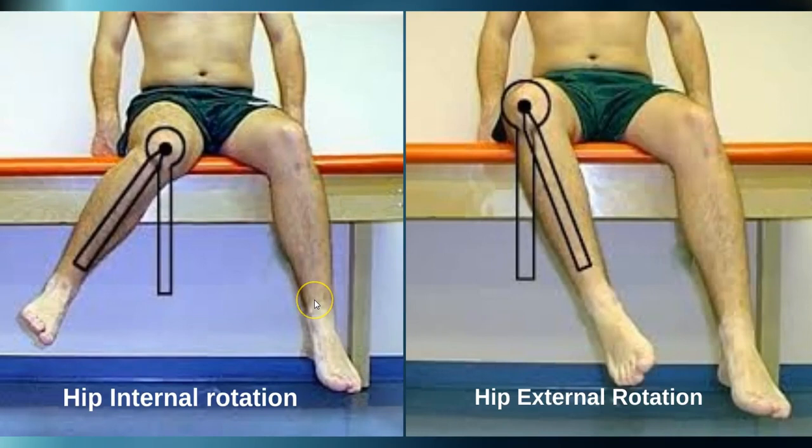Okay, and here is hip internal rotation and hip external rotation. Again, it looks a little off-putting because you're worried about the tibia and the foot here and where that's going, and for me you're looking at that going, well, that's going away, so how can that be internal rotation? Because what we're talking about here is rotation of the femur, and that femur is rotating in towards the other leg.